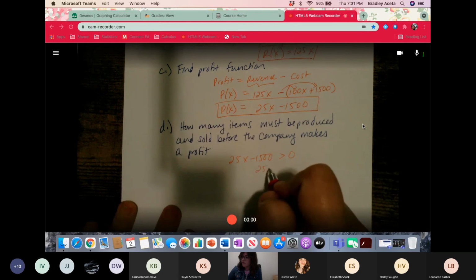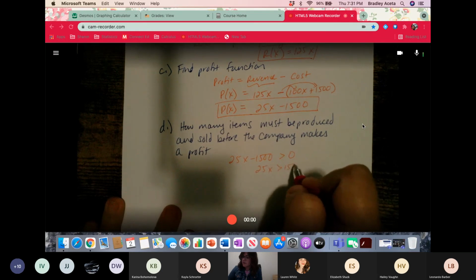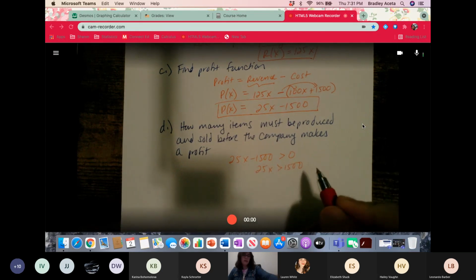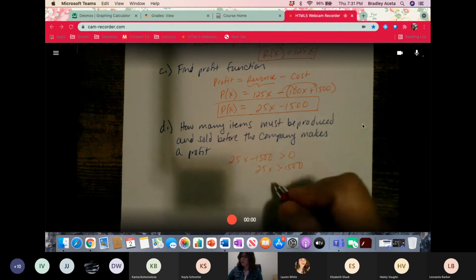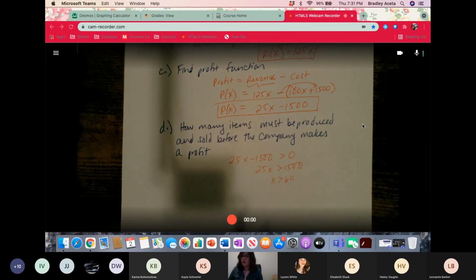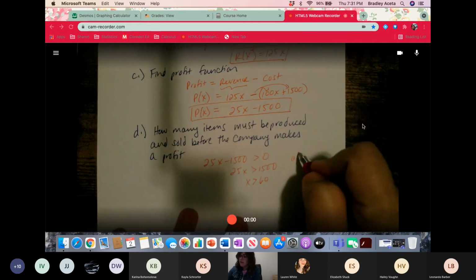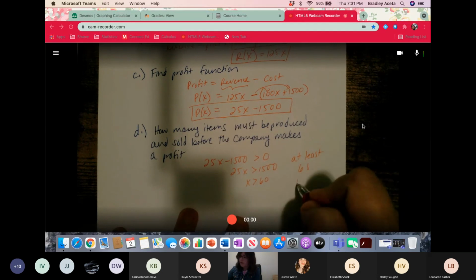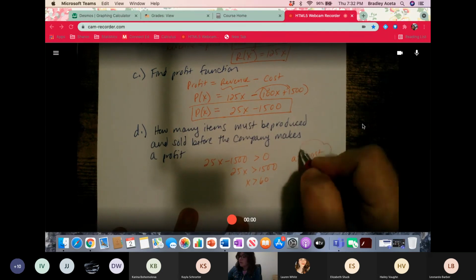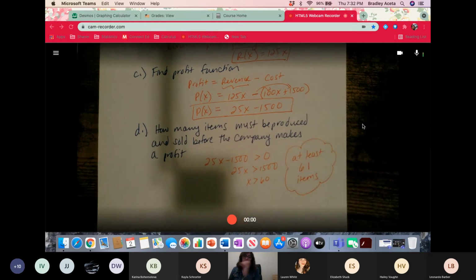If you solve, you get 25x is greater than 1,500, and 1,500 divided by 25 is 60. So I would have to sell more than 60 radios, at least 61 radios, in order to start making a profit.